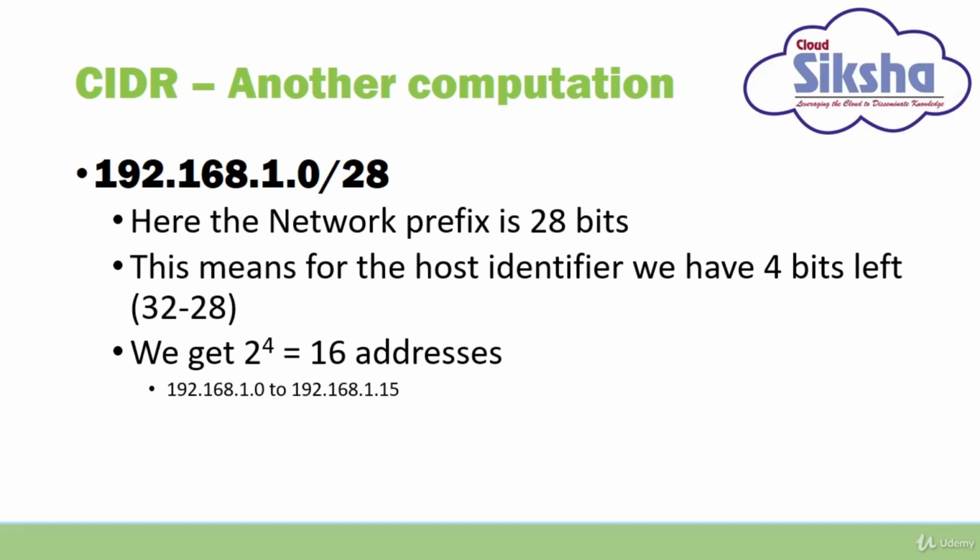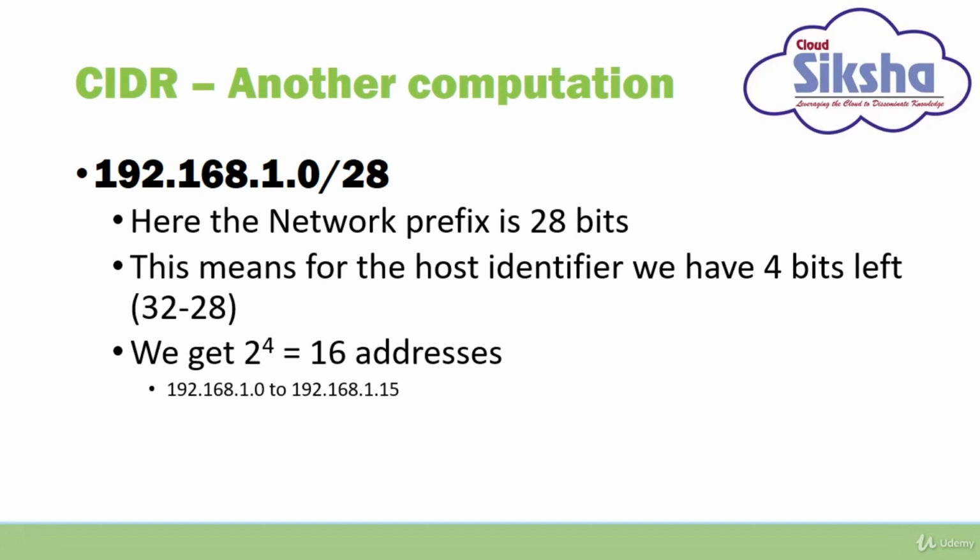In this case, I'm going to give you 192.168.1.0/28. The base address is still the same, but I now have /28. What does this mean? This means that the network prefix is of 28 bits. So the 28 bits is common to all computers in your subnet, which means that for the host identifier, you have only 4 bits left.